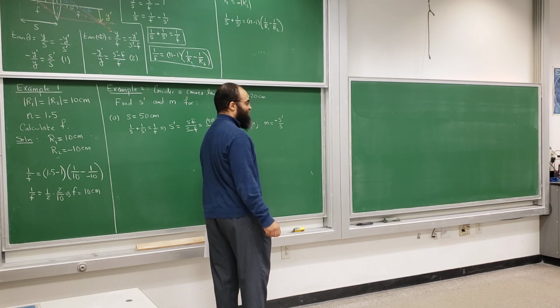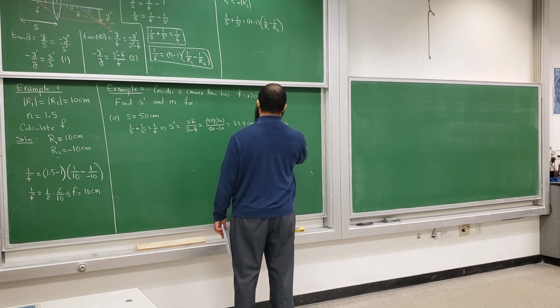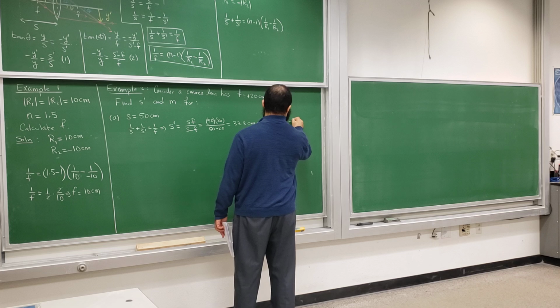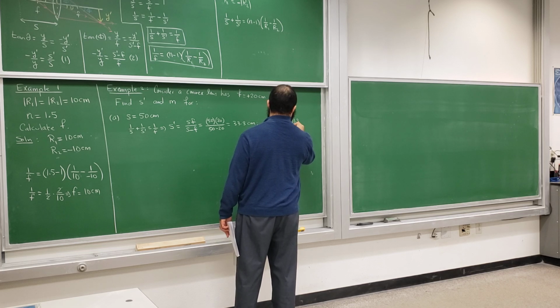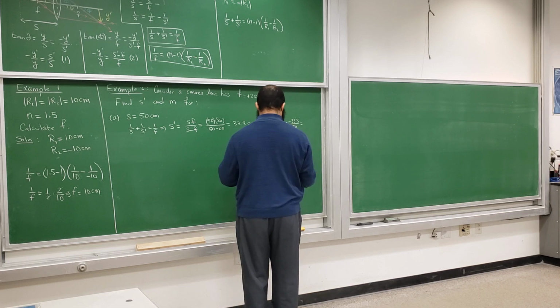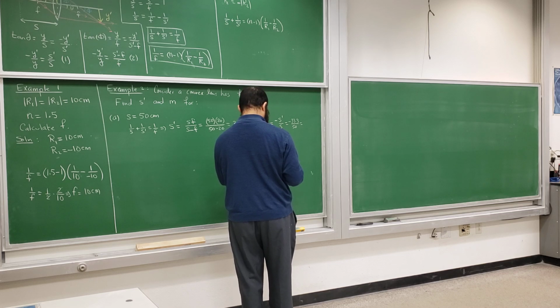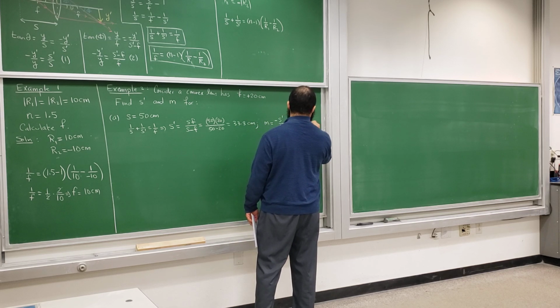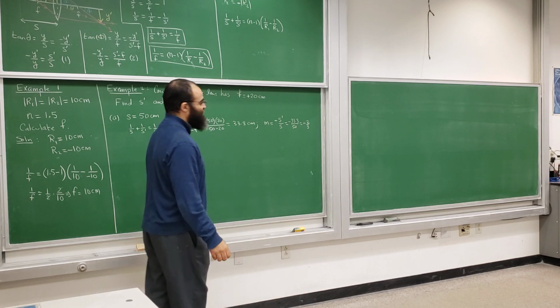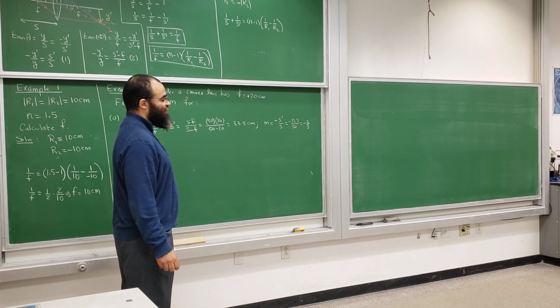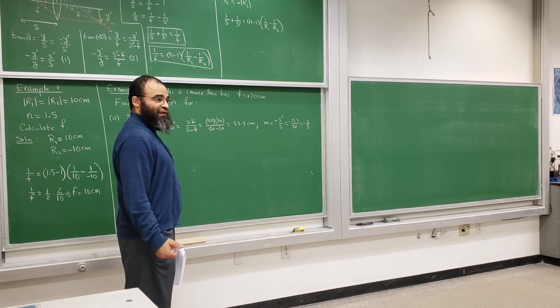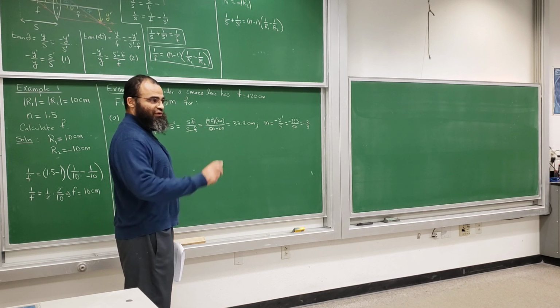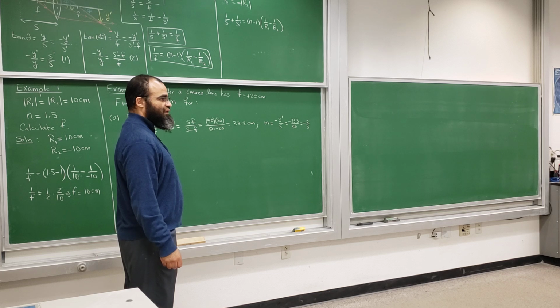It's minus S prime over S, and it's equal to minus 33.3 over 50, and so the magnification will be minus 2/3, or 0.66, minus 2/3. It means the image is going to be inverted and reduced. Reduced means smaller. Inverted means upside down. Okay, is that clear?